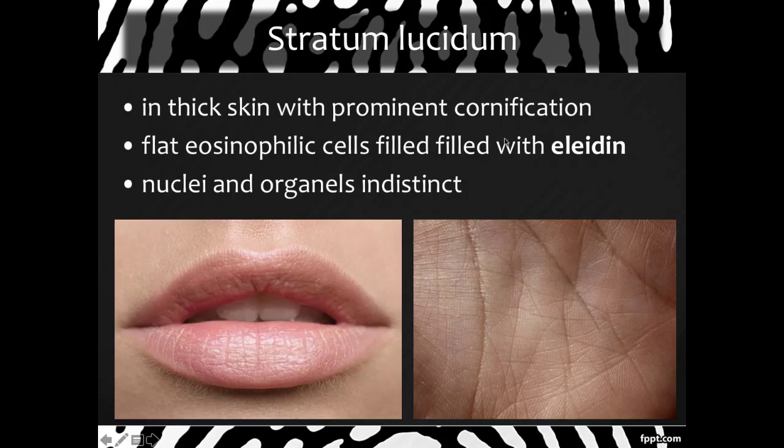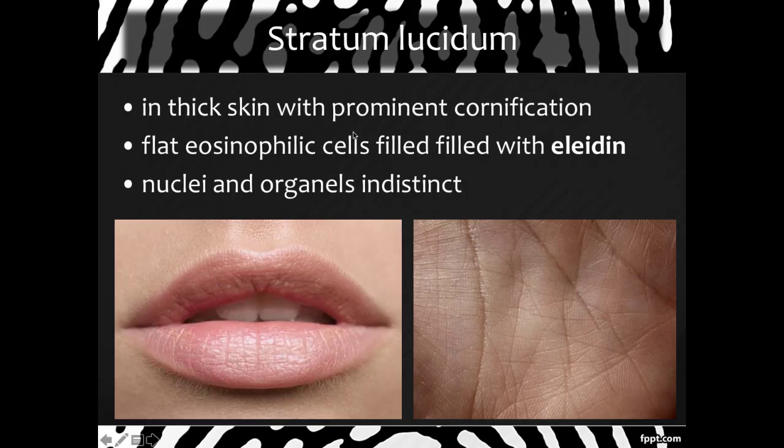They contain protein eleidin. Eleidin is responsible for some kind of transparency of the skin. That's the reason why we can see the capillary reddish color from the blood under the thin skin of the lips.